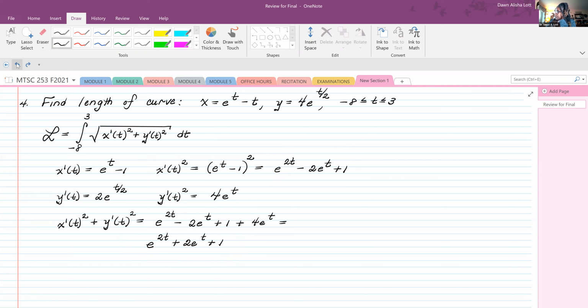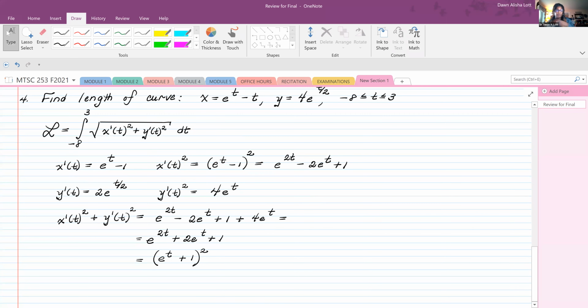So you're supposed to recognize that this is then e to the t plus 1 squared. Do you see that? Oh, okay. So a lot of these work out like this, where you have to recognize that if I just put a negative or a positive, it would give me the same thing.